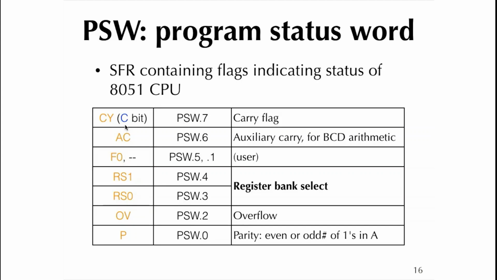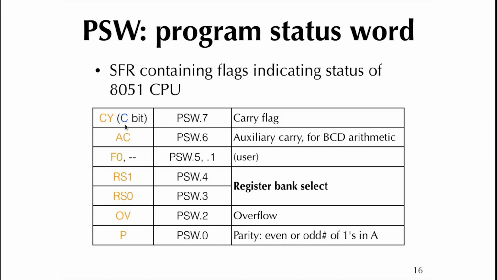So when you do carry or borrow, like borrow is when you subtract a number that's smaller, right? And then you have to borrow. Well, that C bit is also called borrow bit. It would be set to 1, so you know that you were actually borrowing a bit, and you can use this to form longer integers.